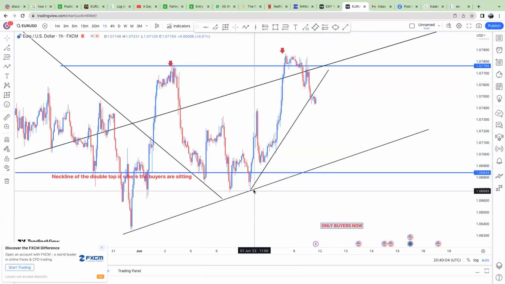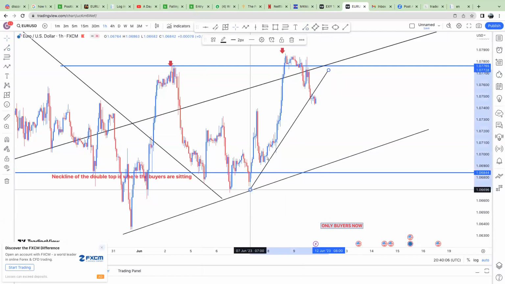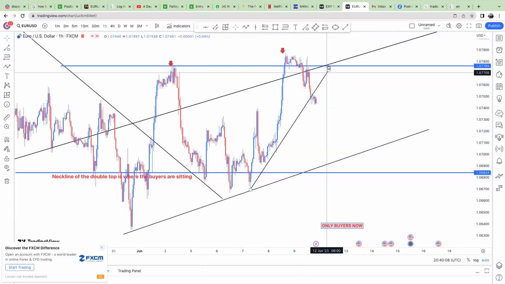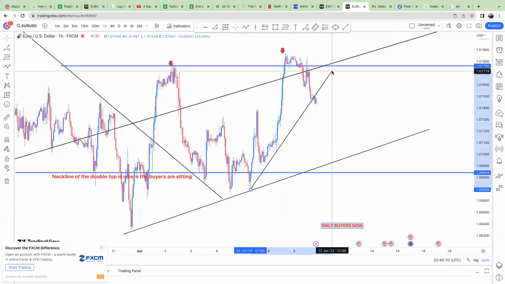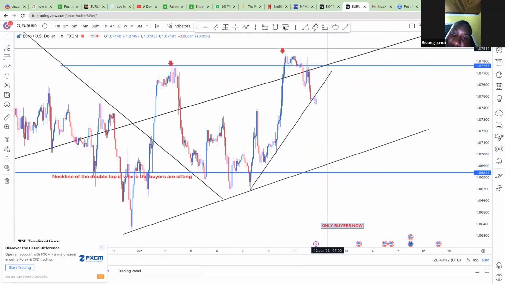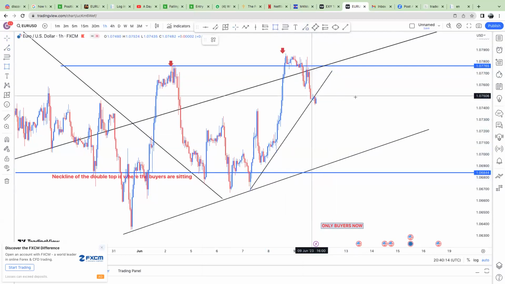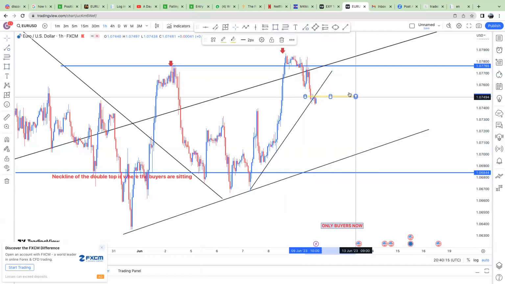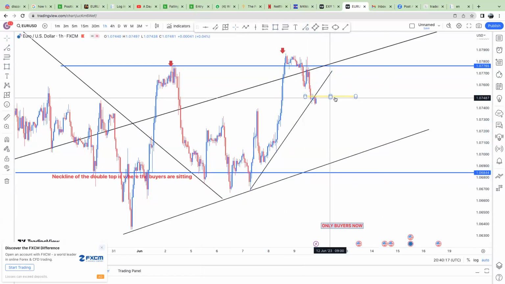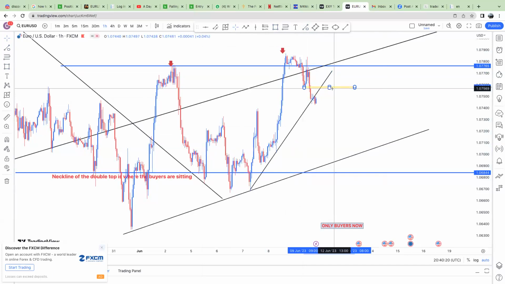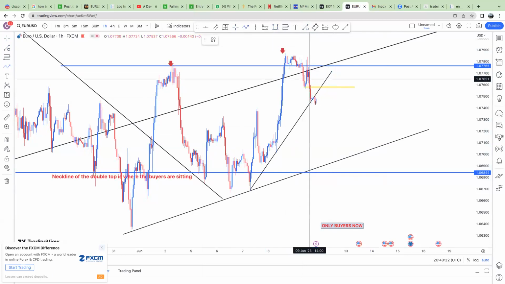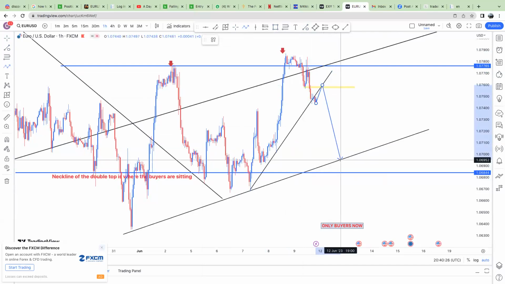We can do this. So price can actually shoot up around this region and continue going downwards and then shoot back.